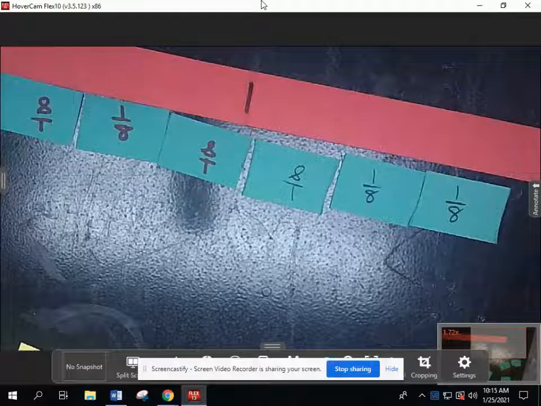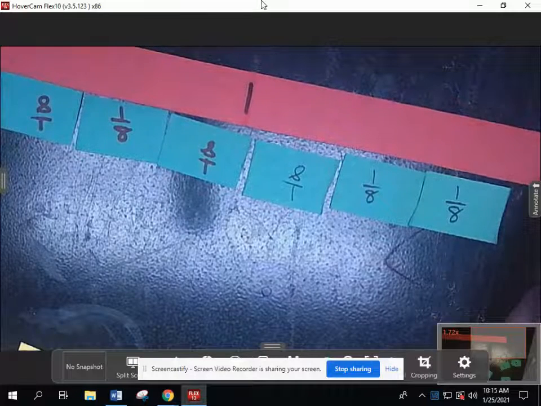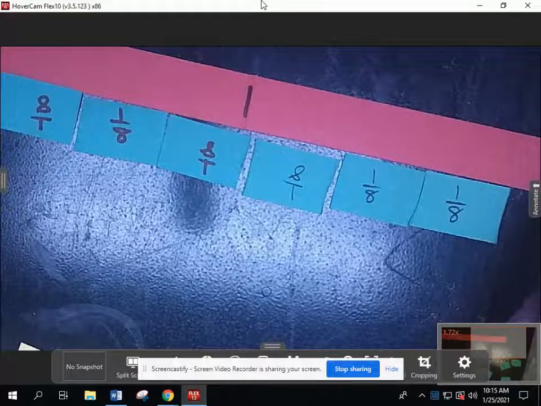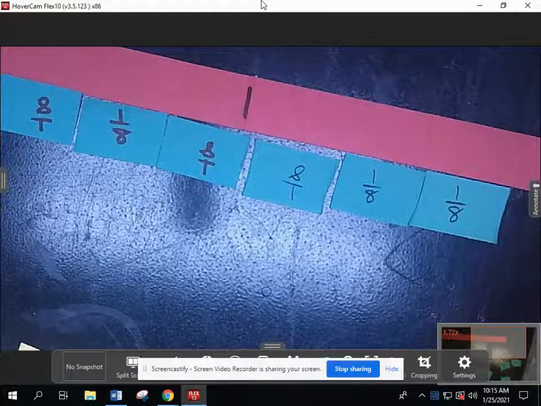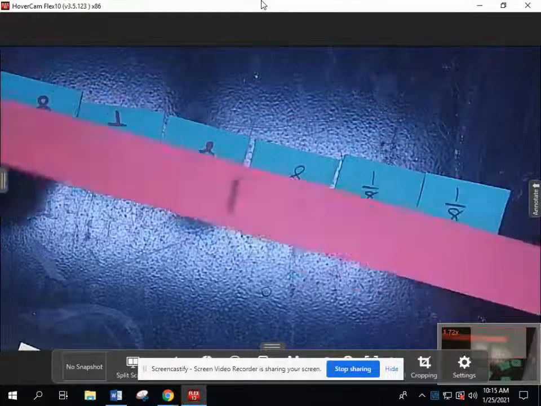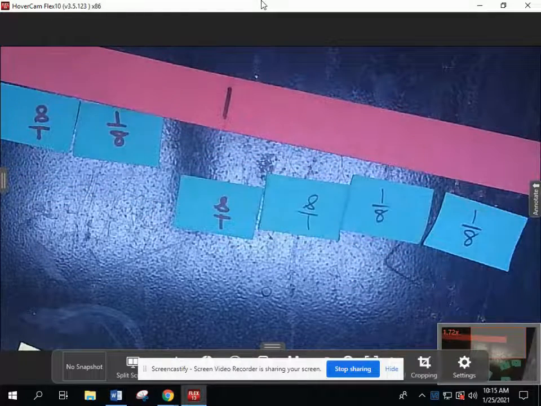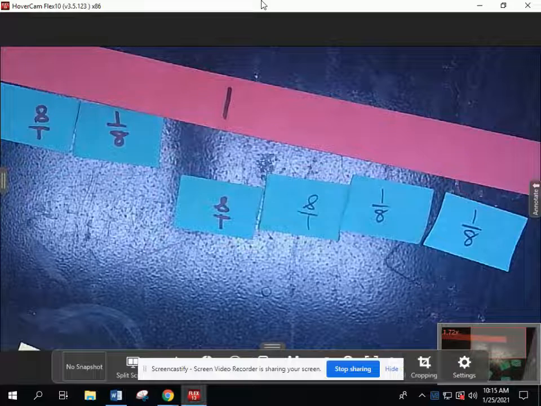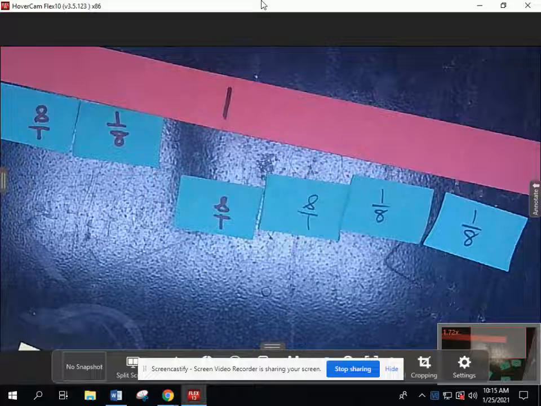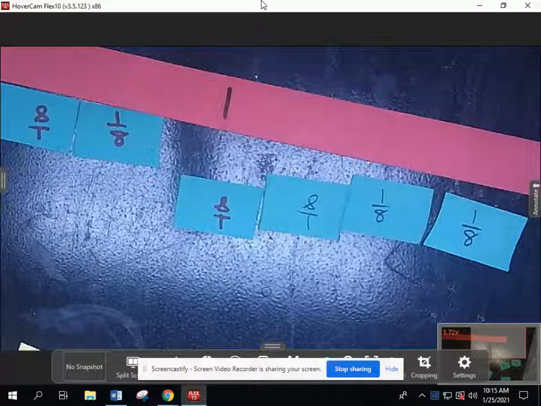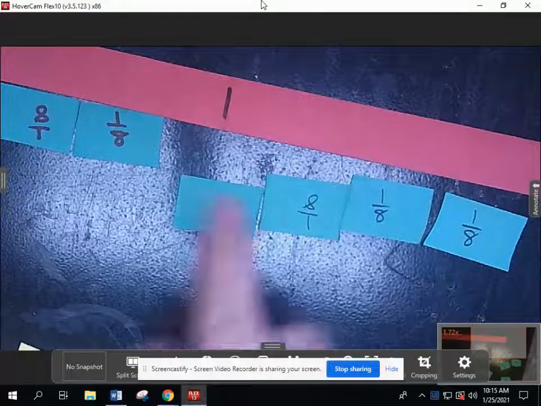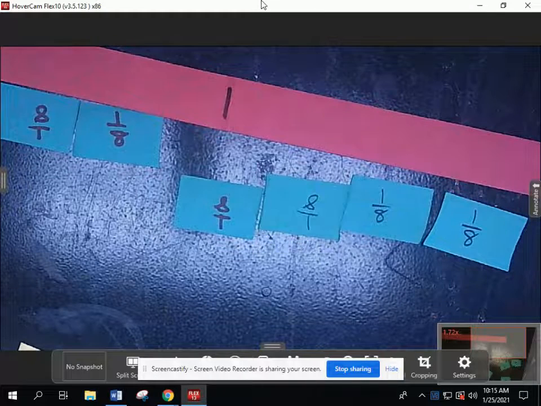They may have. How many 8ths are in this red one? Adrian, how many 8ths are in our whole unit? 8 8ths. Thank you. So Adrian, you want to lead us in the counting? Okay, I didn't hear what he said because somebody else was talking louder than he was. So, I hope that was a yes.